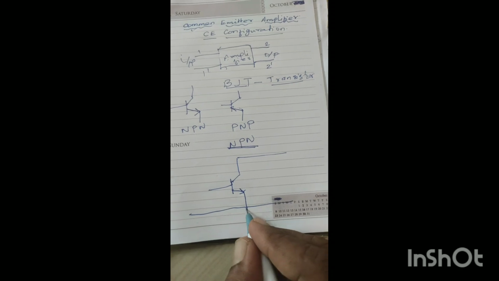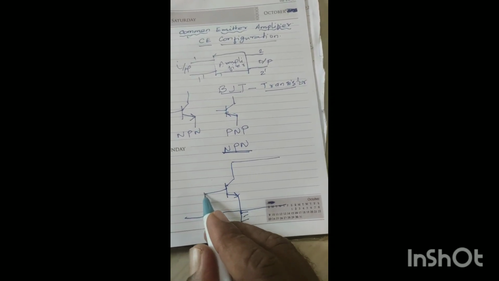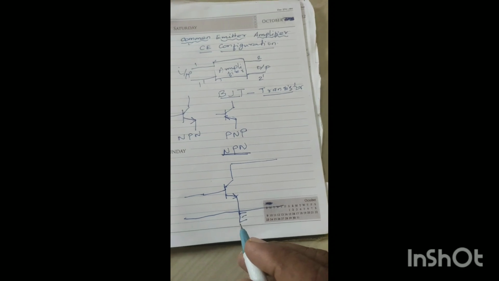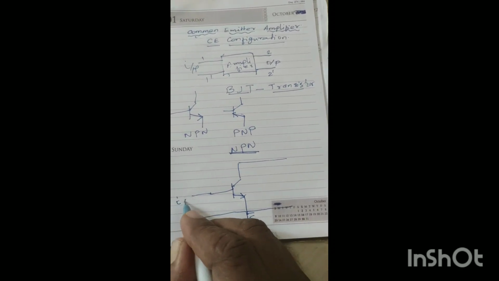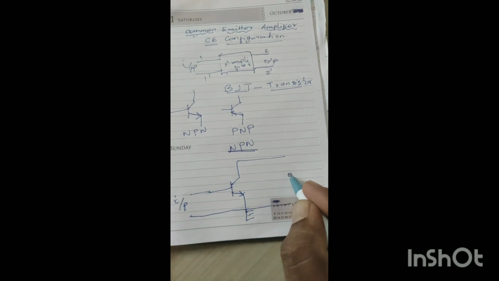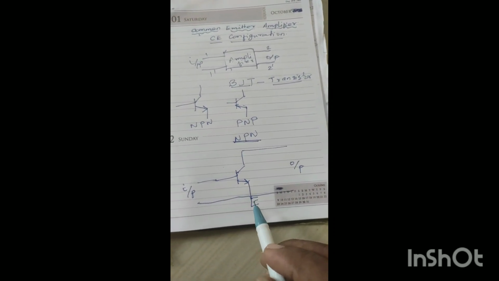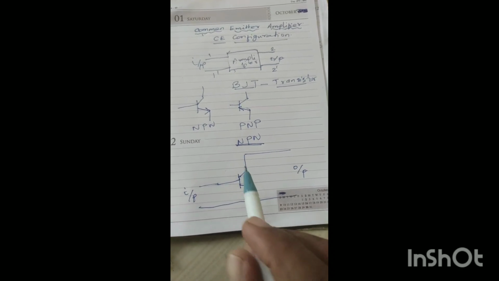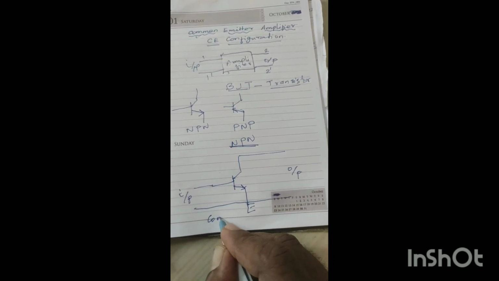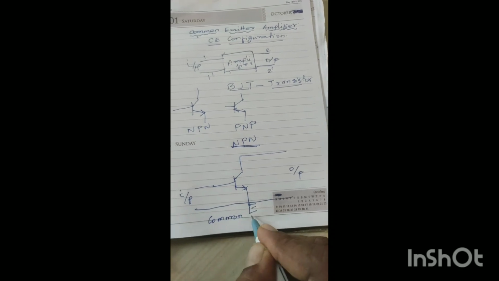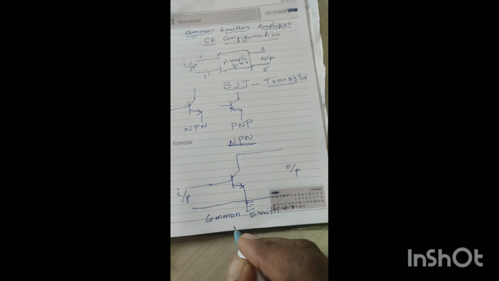So while we are keeping emitter as common terminal, we should know which 2 terminals are input and which 2 terminals are output. So the emitter is common. This arrangement is called common emitter configuration.